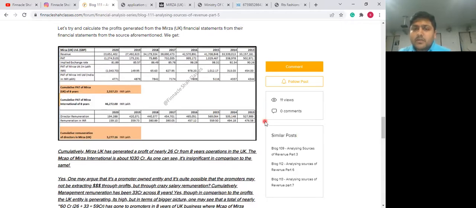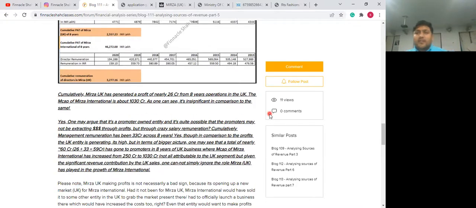So one may argue, is 60 crores the opportunity cost, or rather the cost of not establishing a subsidiary in UK and running it? Because again, that would require establishing directors, salaries, which let's not forget Mirza UK was already doing. So that 60 crore extra money which the company lost is the money which the business would have made if they had established a subsidiary in UK.